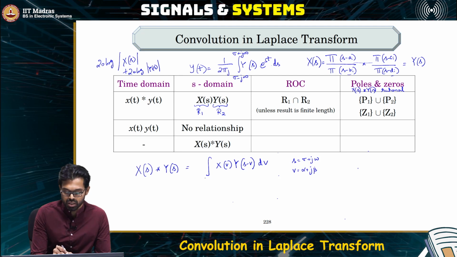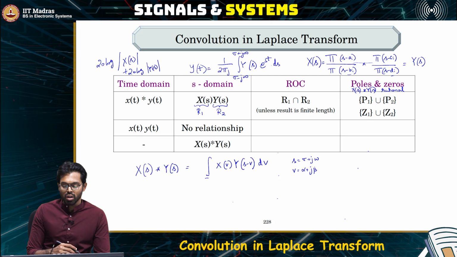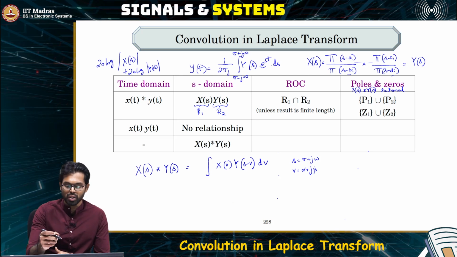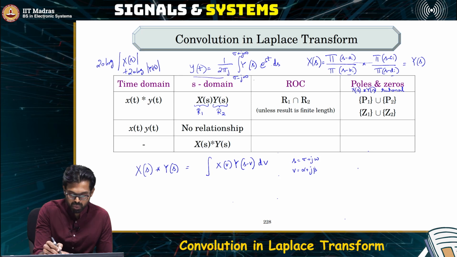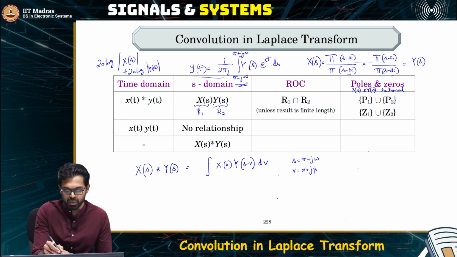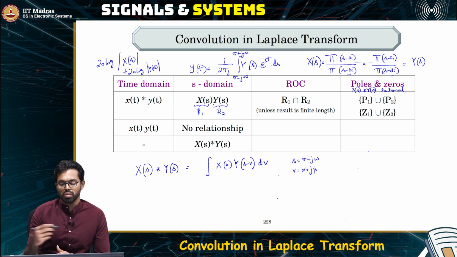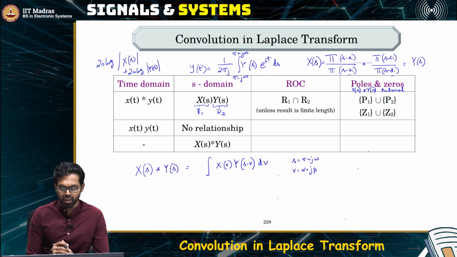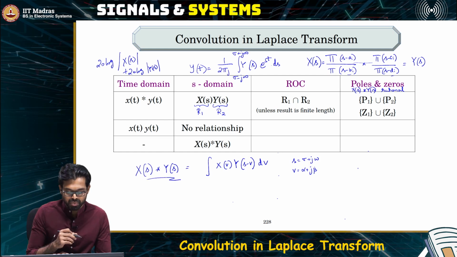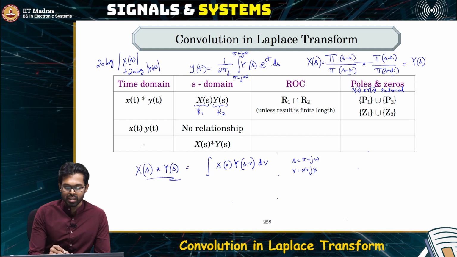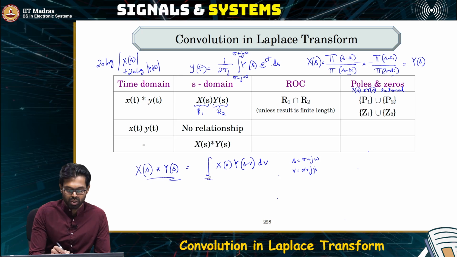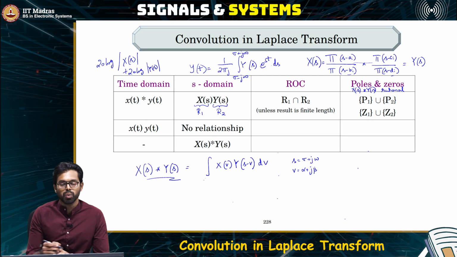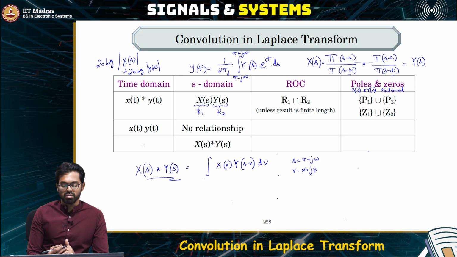So this integration is now over a complex domain. So this integration is not over a single line. So if you remember, the inverse Laplace transform is over a single line. It's still over one dimension, and the Laplace transform, forward Laplace transform, is also over a single line from minus infinity to plus infinity, whereas this convolution is not anymore in just one dimension, but it is over a two-dimensional space. It's over the complex plane. So this is not equivalent to this one-dimensional convolution that we were used to.